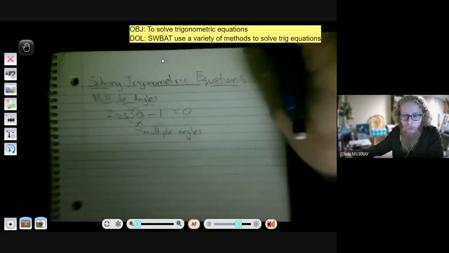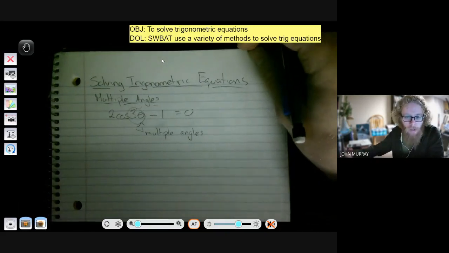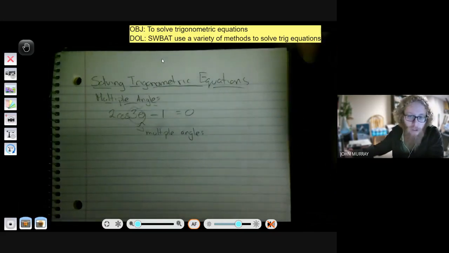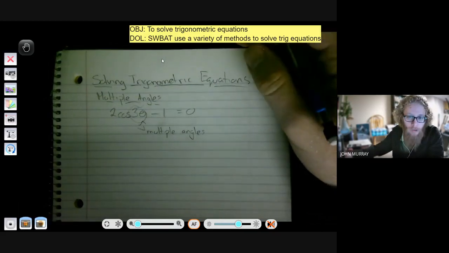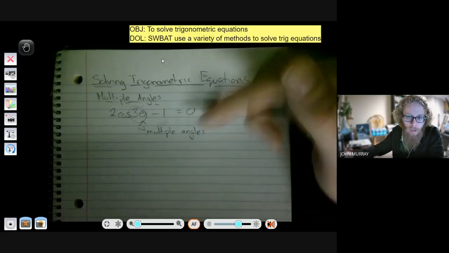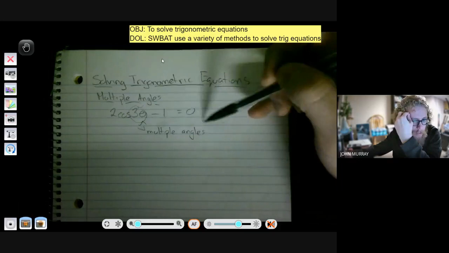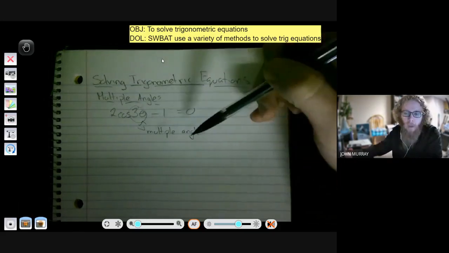But this actually isn't as tricky as it sounds. We're just going to go through our basic algebra steps. Again, I want to get this theta alone. I want to isolate the theta, so I work from the outside in to get that by itself.